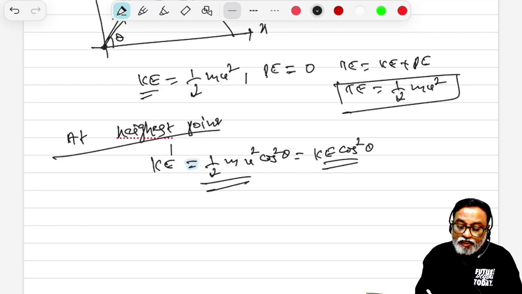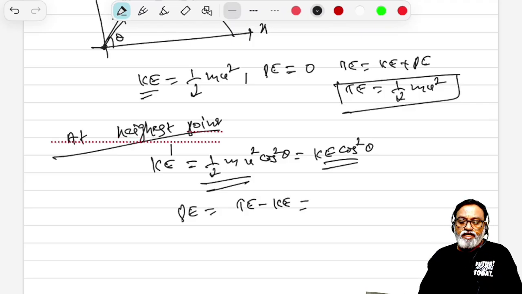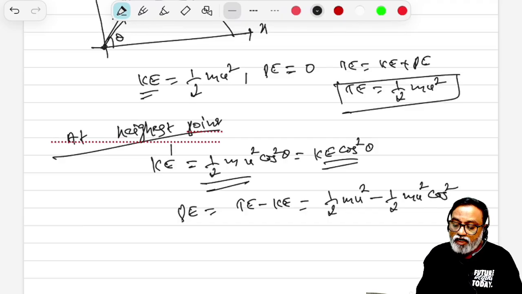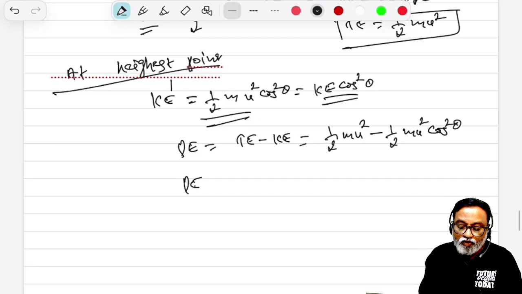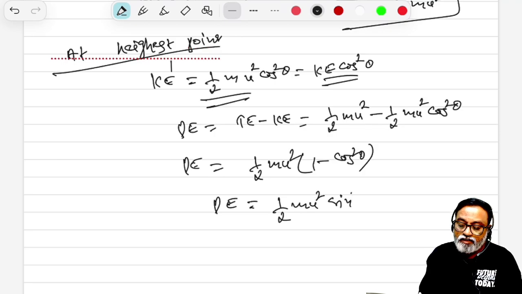Potential energy is equal to total energy minus kinetic energy. Total energy is constant. At the point of projection, total energy is half m u square, and kinetic energy at the highest point is half m u square into cos square theta. Therefore, potential energy is half m u square common, this becomes 1 minus cos square theta. Therefore, potential energy at the highest point is half m u square into 1 minus cos square theta, which is sin square theta.